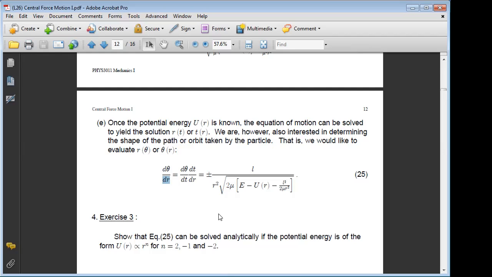We have R here. This is for n equal to minus 2. How about for n equal to 2? For n equal to 2.